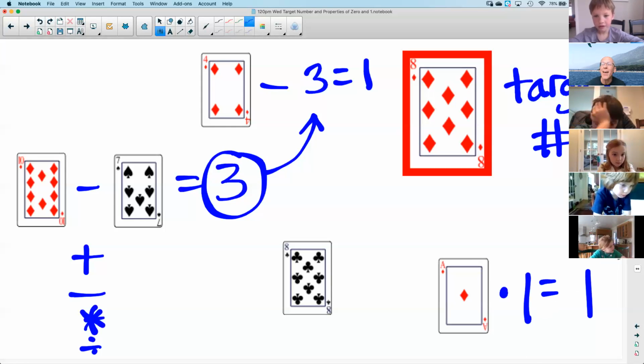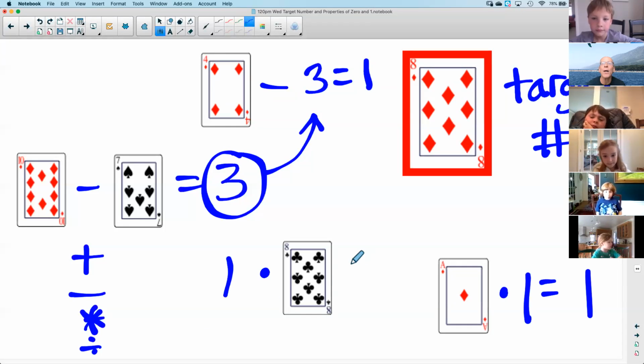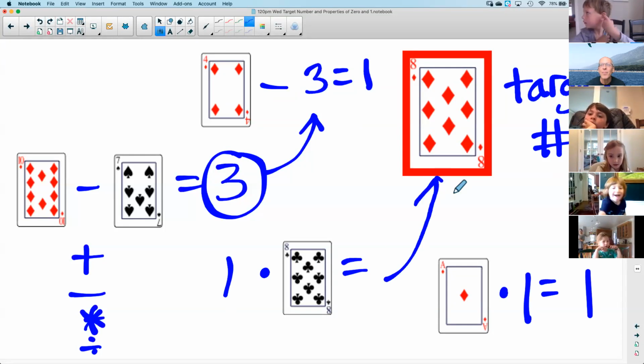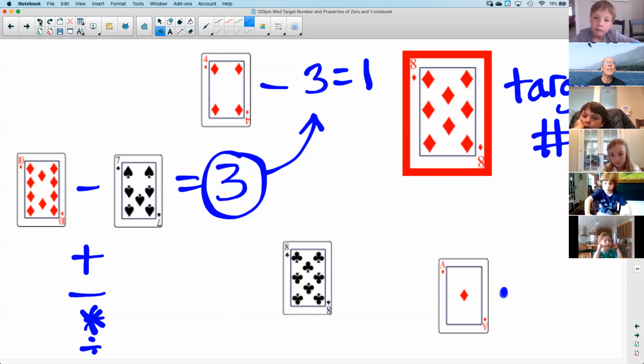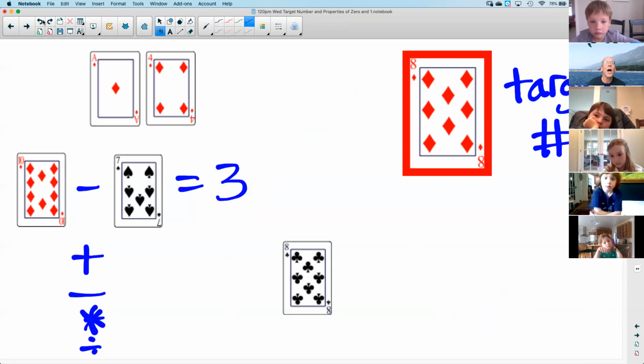So guess what? I can now take the last card, which is 8, and I can multiply it by 1. And who knows what 1 times 8 is? 8. You get 8.